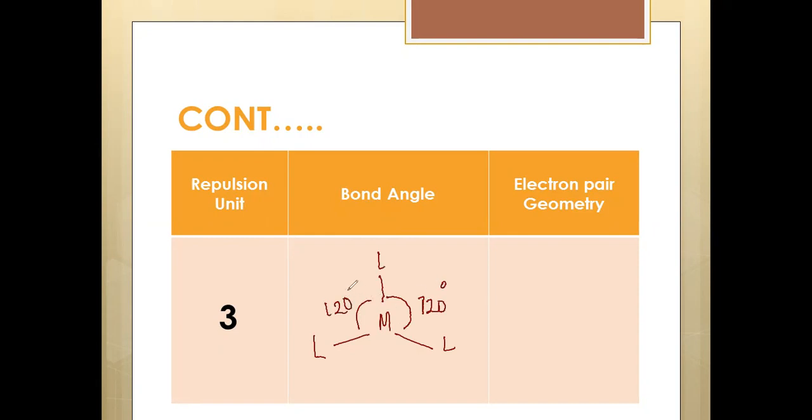What is that? Trigonal, right? So we are telling this is on the plane, the word called trigonal planar. So the electron pair geometry is called trigonal planar.